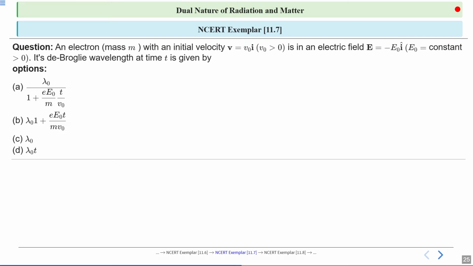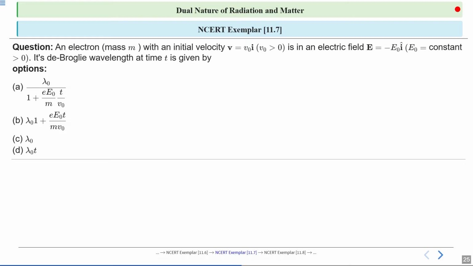The options use lambda naught. What is lambda naught? It is the initial de Broglie wavelength at time t equal to 0, that is h upon m v naught. We have to find the de Broglie wavelength at time t.